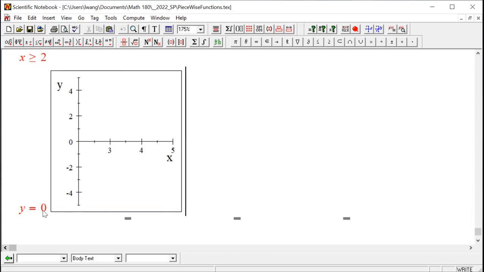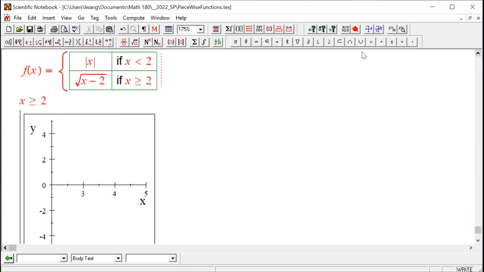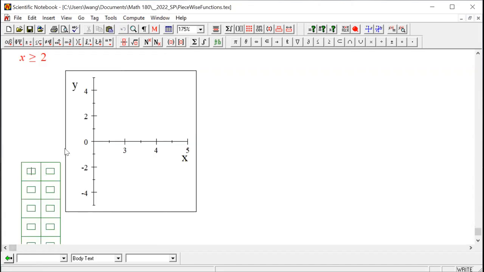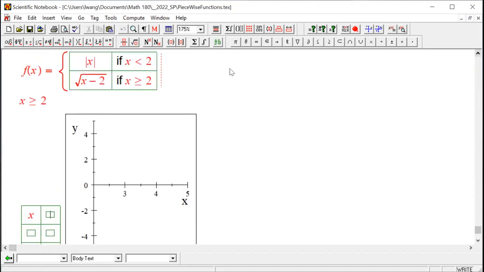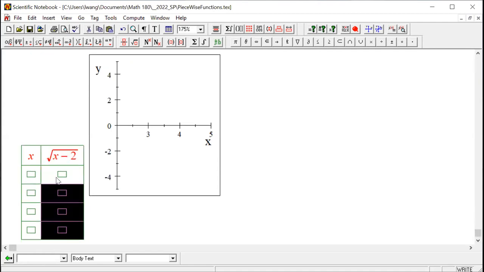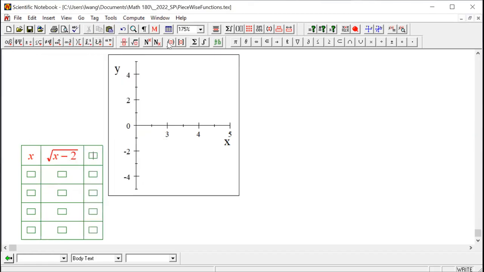For x equal to 2, we're going to plot a couple of points according to this rule. So I'm going to make a table: x, and the rule is the square root of x minus 2, and I need another column for input and output.